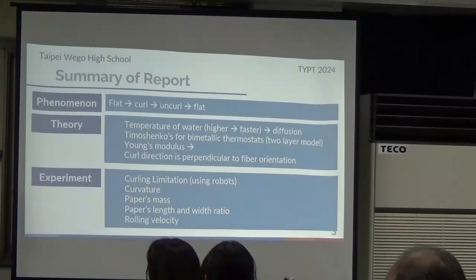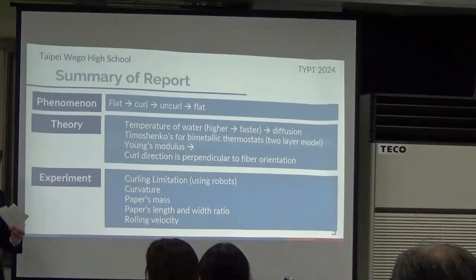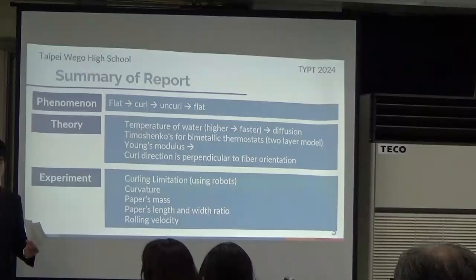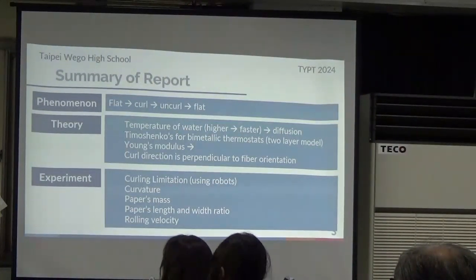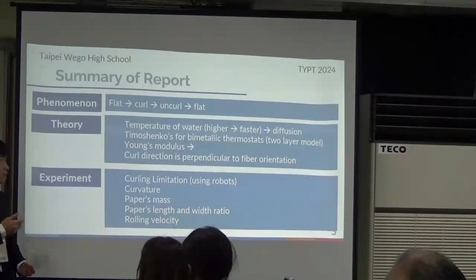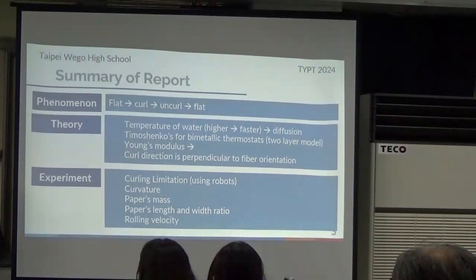For the phenomenon, the tracing paper starts from flat, then curls and uncurls at a slower rate, and then becomes flat again. For the theory, the first one is that the temperature of water will affect the phenomenon, and it is because of water diffusion.